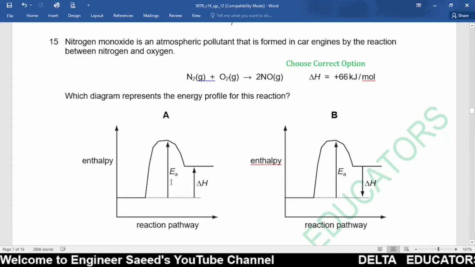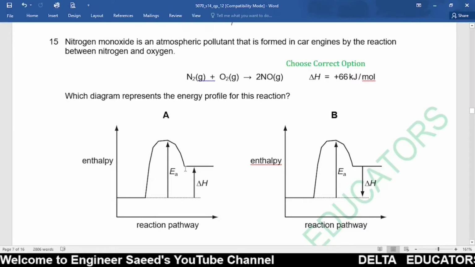This activation energy is shown correctly, and here delta H is shown positive, means here it is increasing from reactant to the product side. So here this option A is our correct option, because here both the activation energy and the change in enthalpy are shown in correct direction.